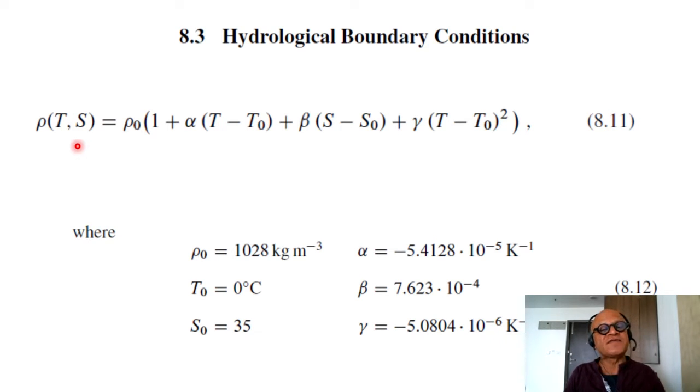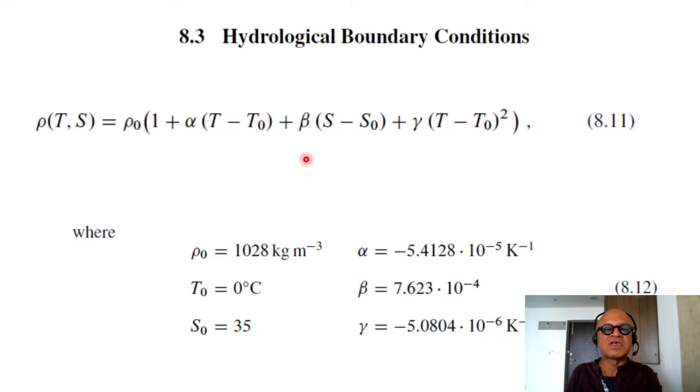So the density of the ocean water, seawater, is of course a function of temperature and salinity, because we typically ignore the dependence on pressure and consider it to be an incompressible fluid. We write the density as some background density times a temperature expansion coefficient and a salinity effect plus some nonlinear effect in terms of T minus T0 squared with some coefficient gamma.